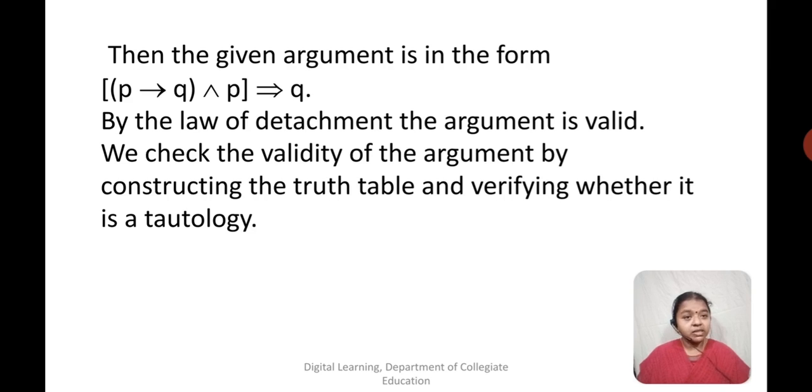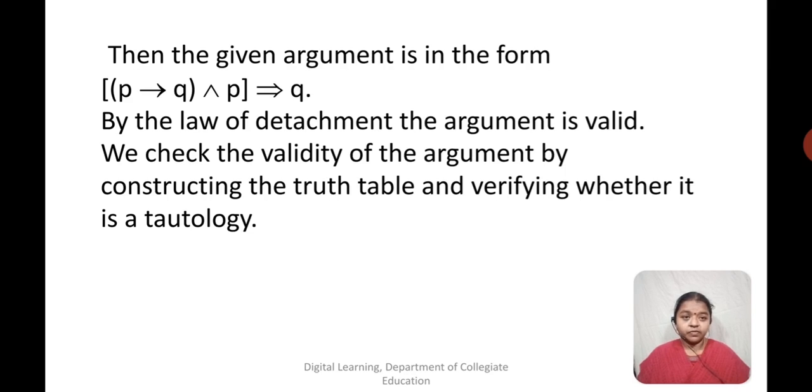So how do we check the validity? We check the validity of the argument by constructing the truth table and verifying whether it is a tautology. So we have a proposition here with different connectives.